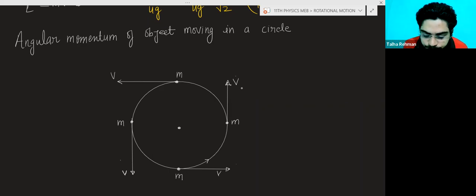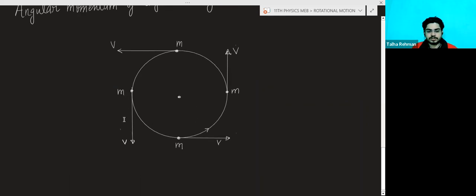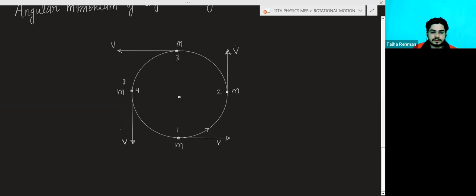This is the first position, second position, third position, and fourth position of the particle, different positions during the motion.